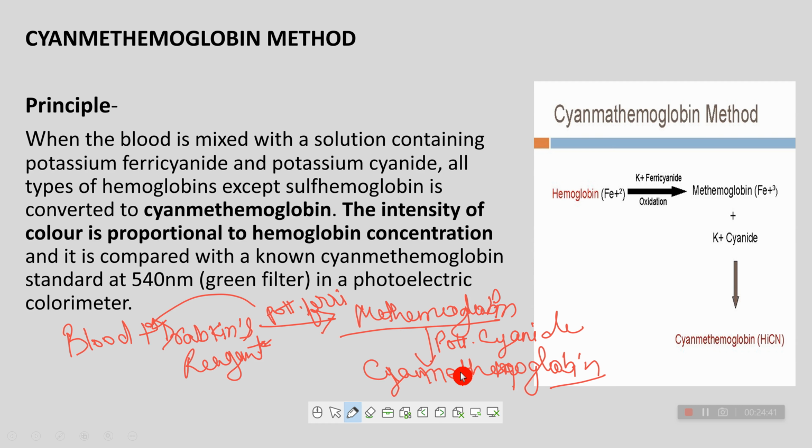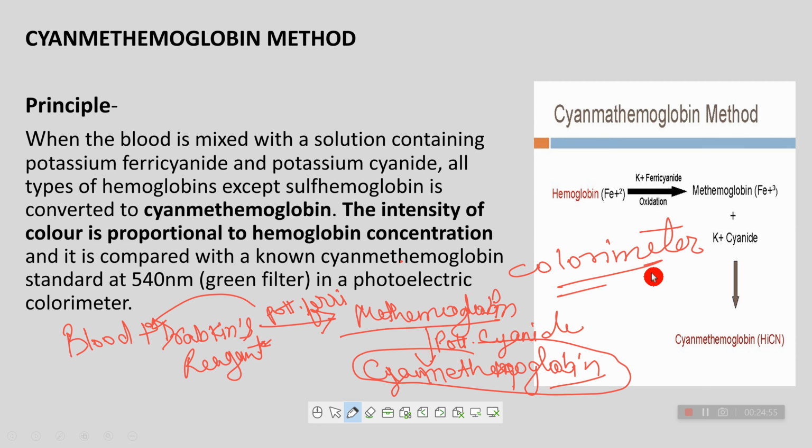which is a light pink colored compound. The intensity of this colored solution is then measured in the colorimeter. This is the principle of the cyanmethemoglobin method.